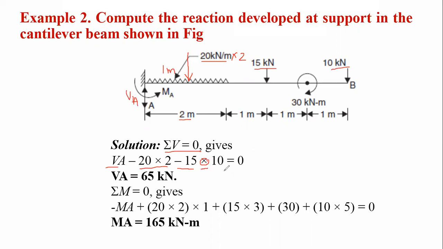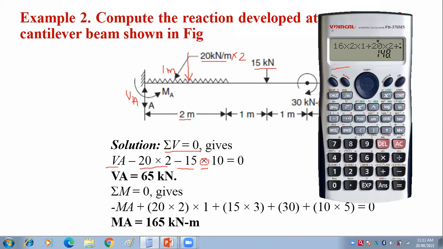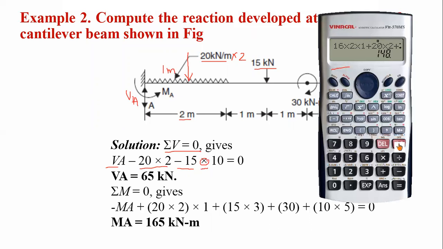Now let us solve this: minus 20 into 2, minus 15, and minus 10. It becomes minus 65. Taking this minus 65 to this side, it becomes plus 65. That's why your VA, the vertical reaction, is 65 kilonewton.